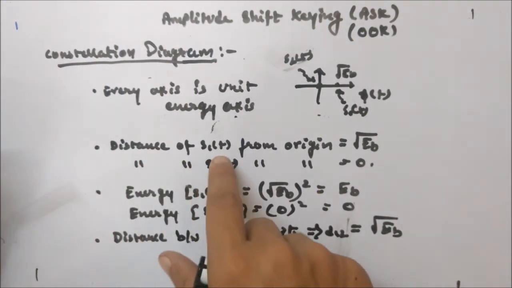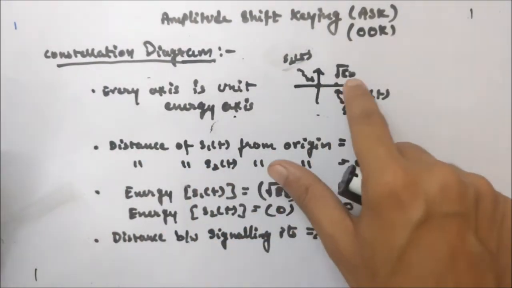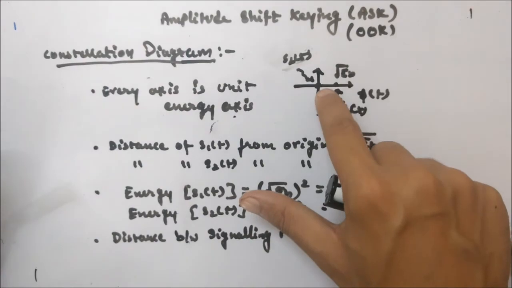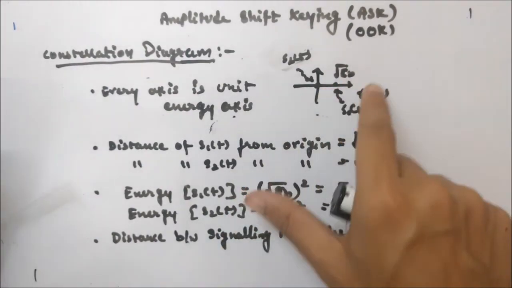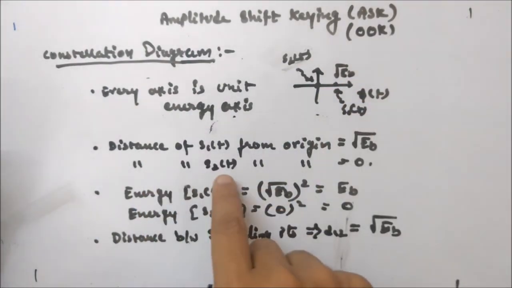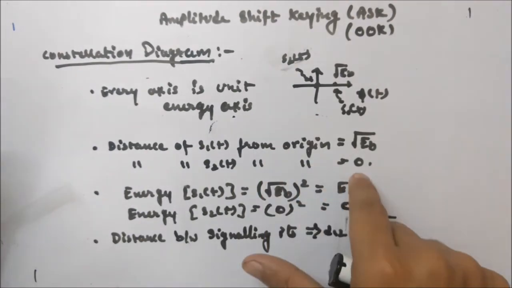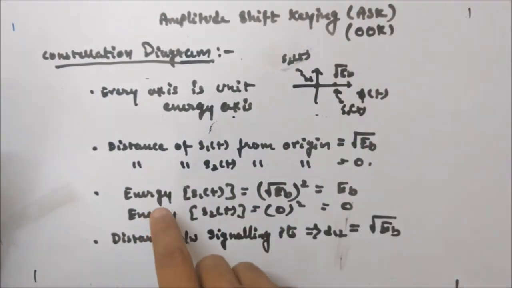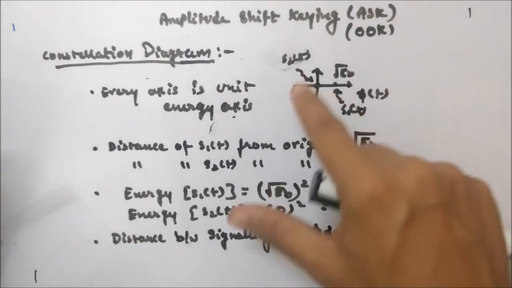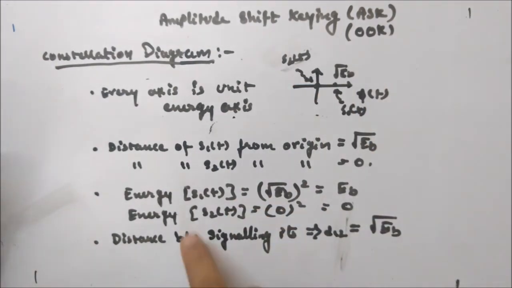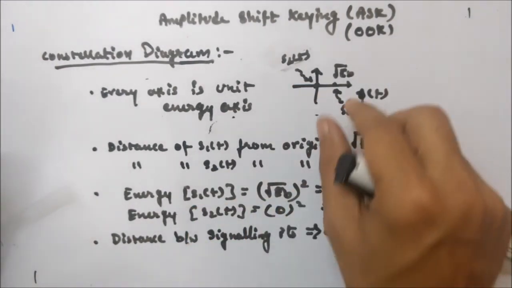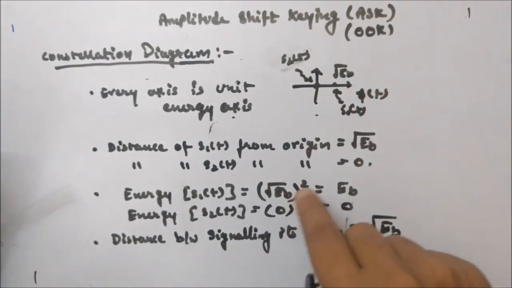Now the distance of S1t from the origin is under root EB, and the distance of S2t from the origin is 0. Energy is something you can calculate from the constellation diagram as well. The energy of S1t is, just take the distance and take the square of it.